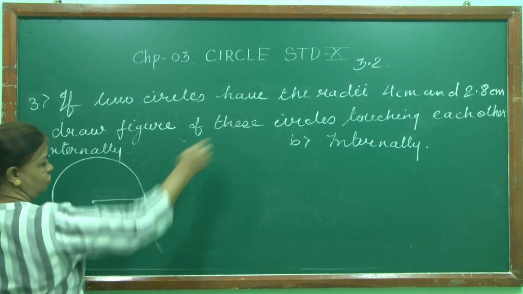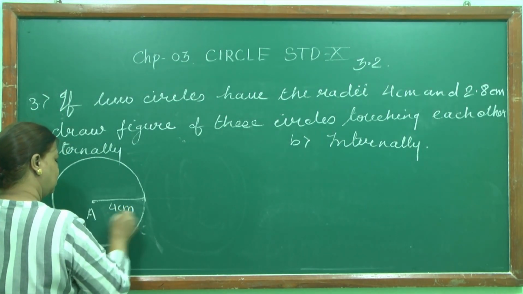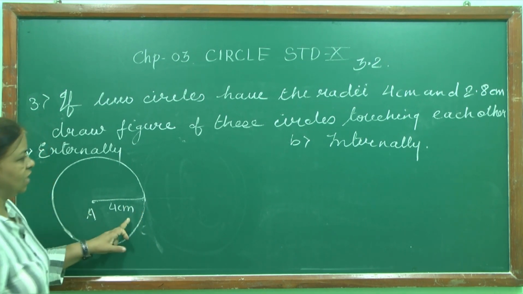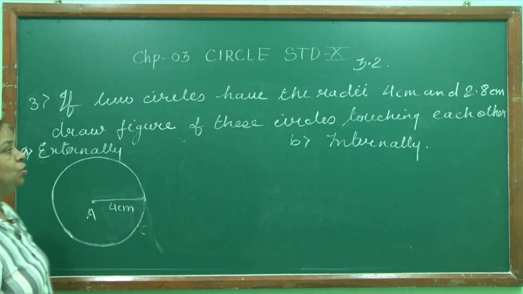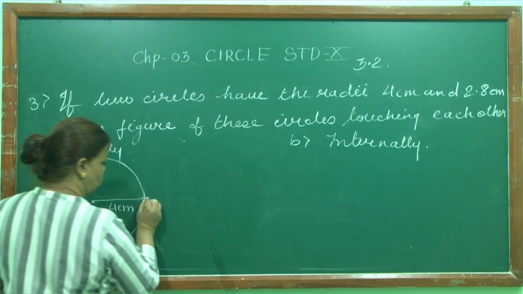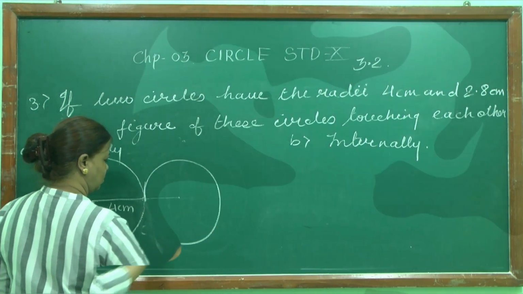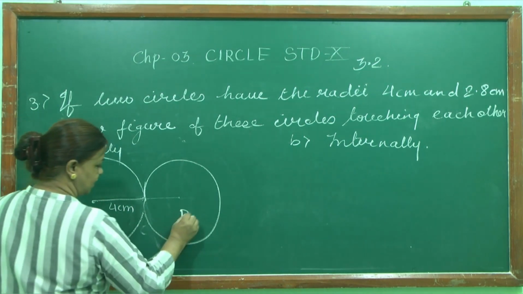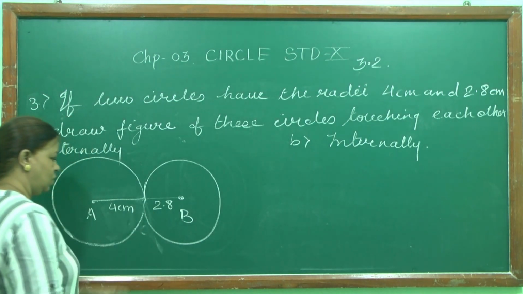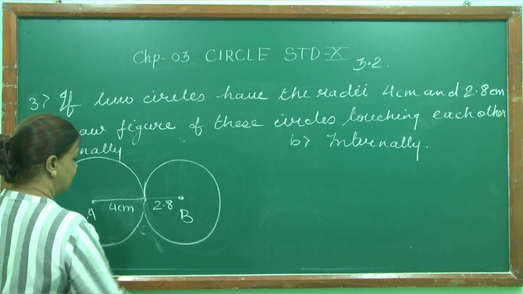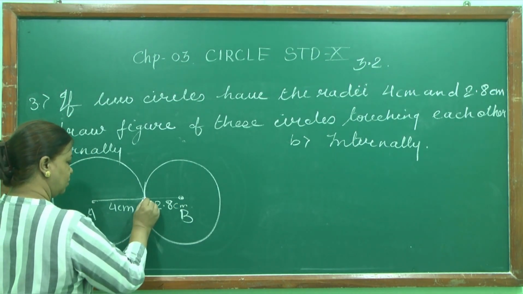This is 4 centimeter, so the radius of the first circle is 4 centimeter. Another circle has a radius 2.8, so it will be a smaller radius and the circle also will be small. Let the center be B and the radius of the circle is 2.8 centimeter given. This is the radius.